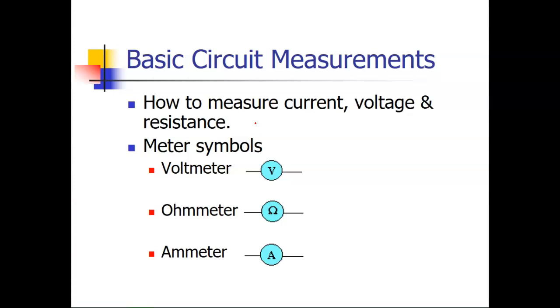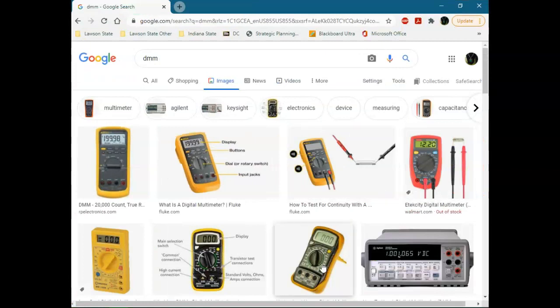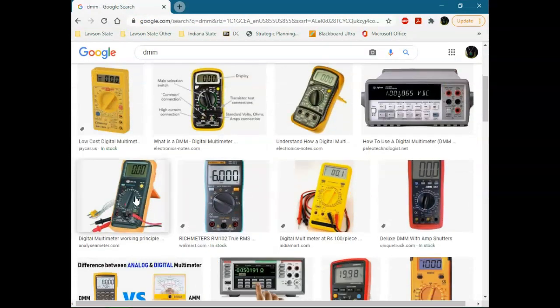So let's talk about how to measure with your meter. I don't know how many of you have already gotten your meter. It's something you need to start looking at. You don't need a super expensive meter. You need something that is going to hold up fairly decently. It can be auto ranging or manual ranging.